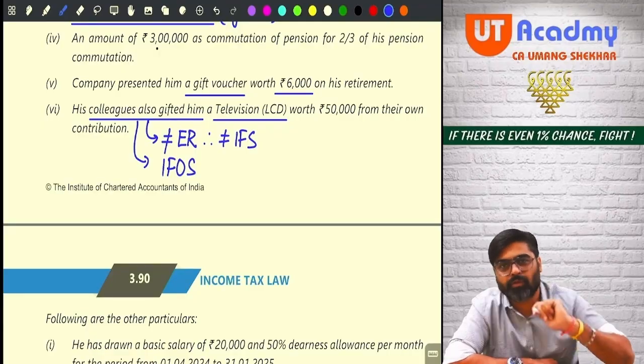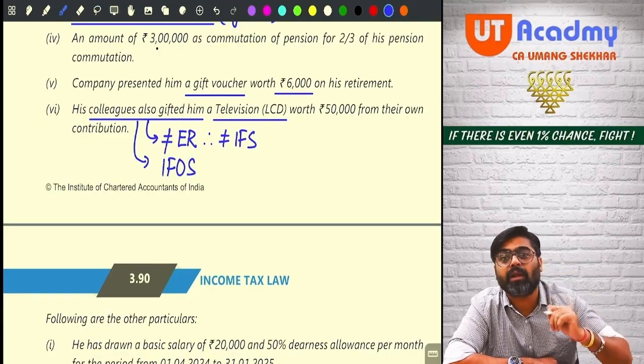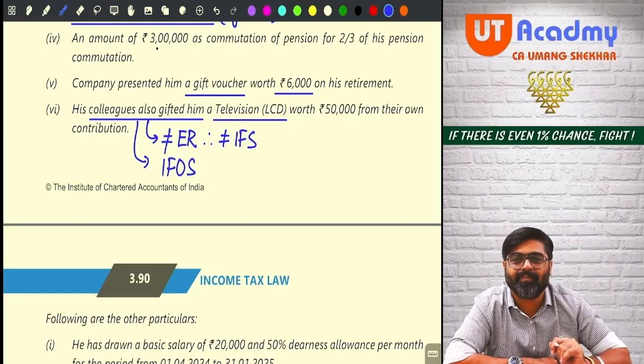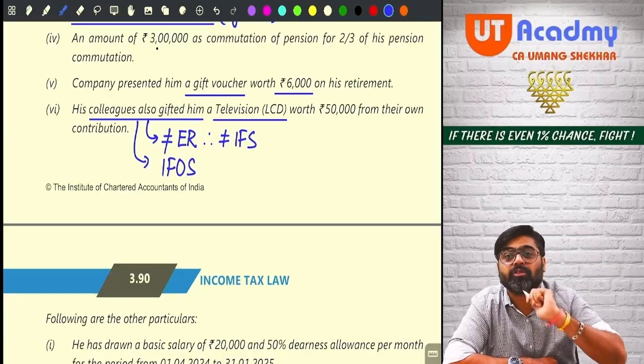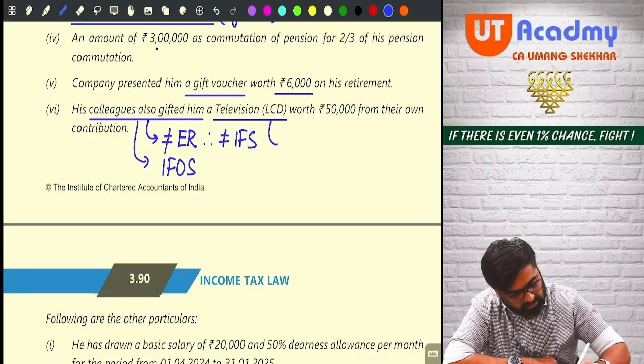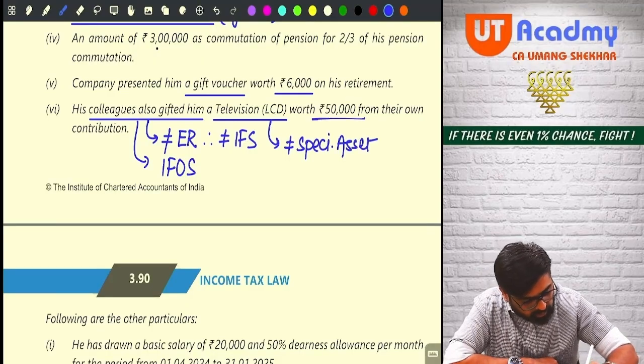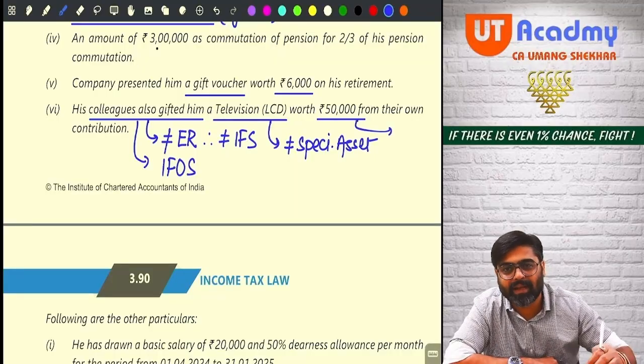This will go to IFOS, but IFOS will not allow this gift to enter. Why? Because number one, this is not a specified asset. This is a television, not a specified asset. And the second reason is the value is only 50,000, not more than 50,000. Getting my point?